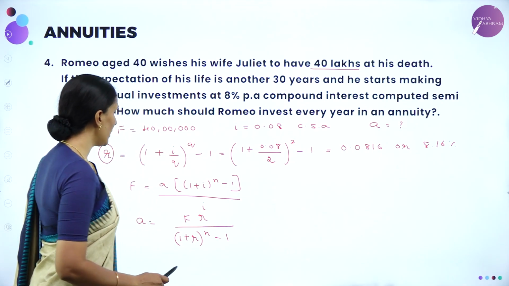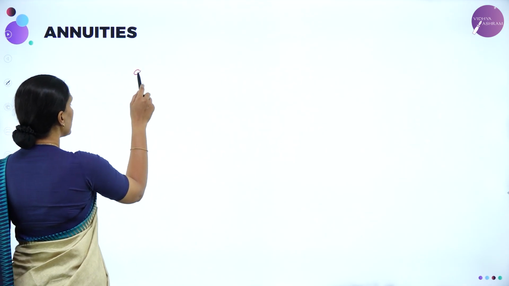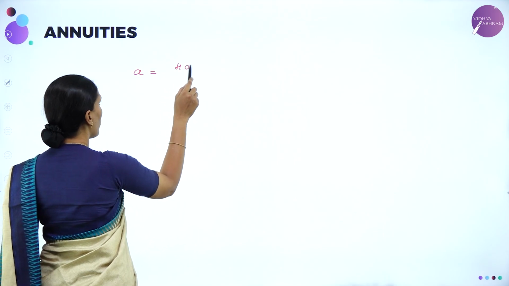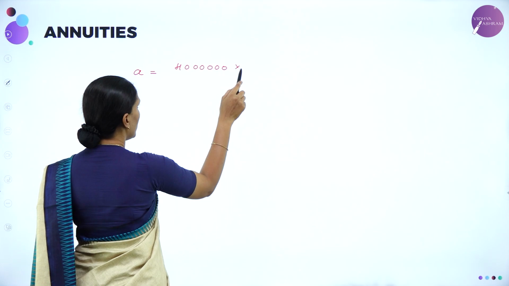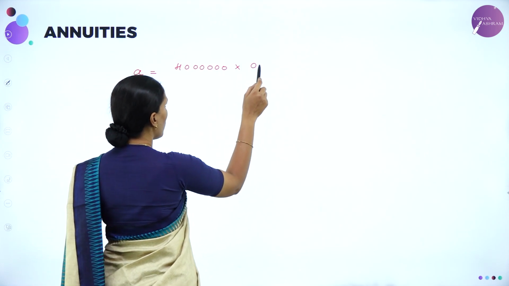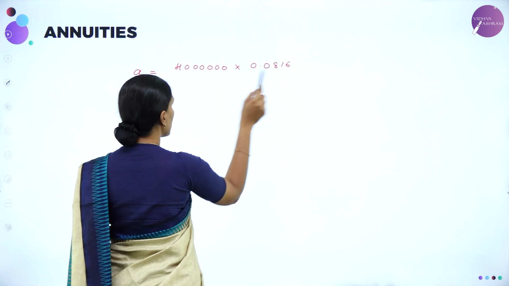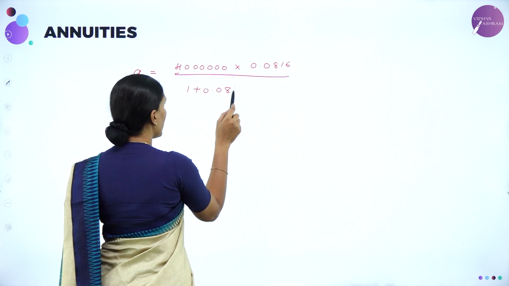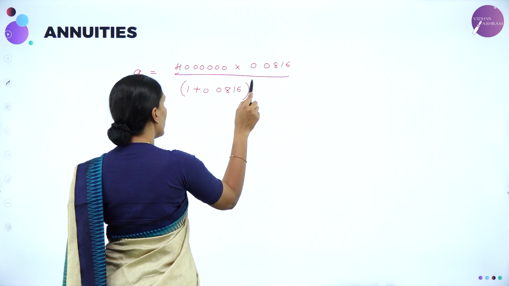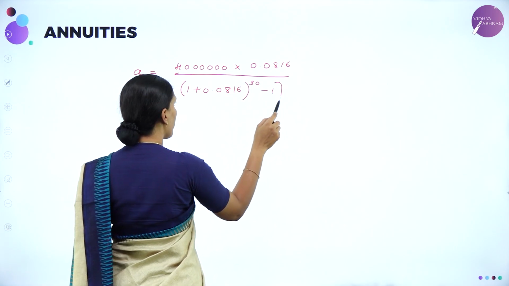Now substituting the values, A is equal to the future value, 40 lakhs, into R value 0.0816, whole divided by (1 plus 0.0816) whole to the power 30 minus 1.